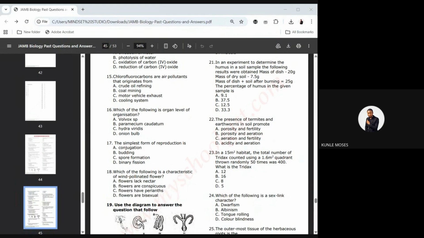Did they restrict it to a particular sex cell? That's why this is sex linked. The common character in a sex linked genetic trait is albinism, color blindness. Okay.